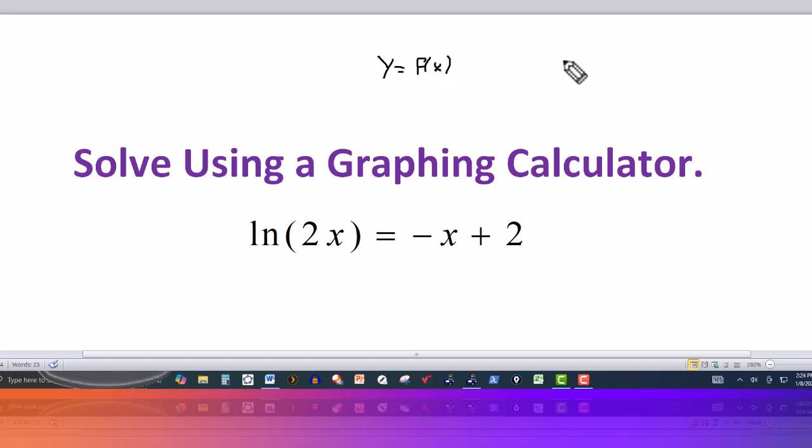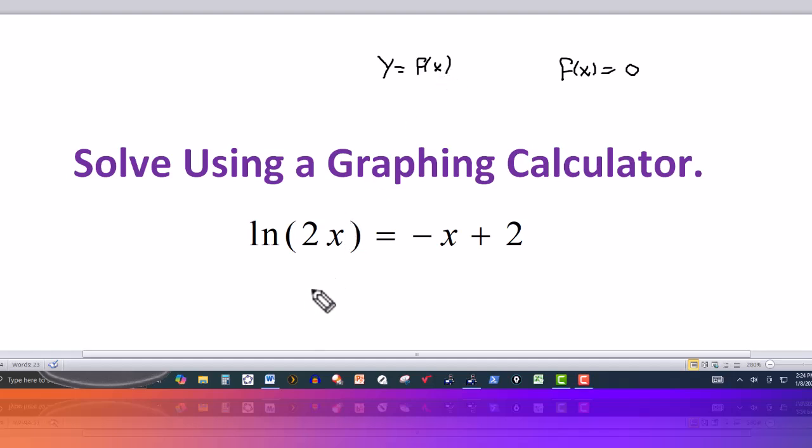Because if I'm given y equal f of x, and I want to solve, say, this equation, f of x equal to 0, I want to know for what values this function f is 0. All I have to do is find the zeros on this graph.